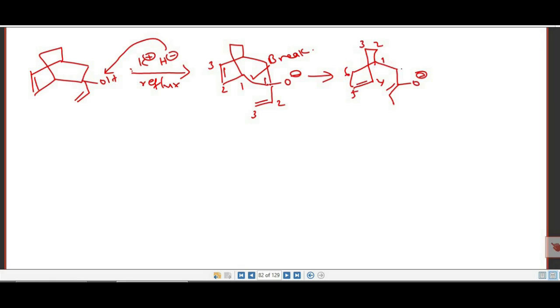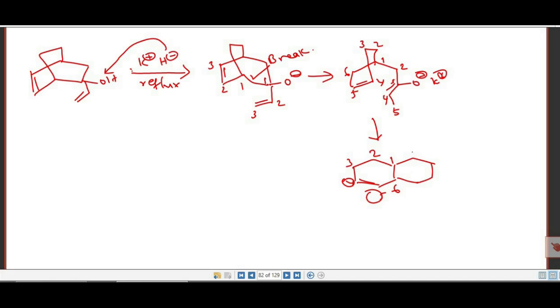Again here it's 1, 2, 3, 4, 5. Here it's K plus. Again this rearranges to give, I count like this: 1, 2, 3, 4, 5, 6. Here it's a double bond, the double bond is between 4 and 5.